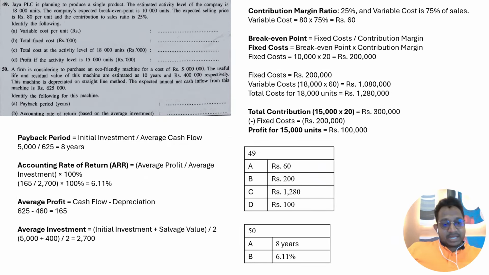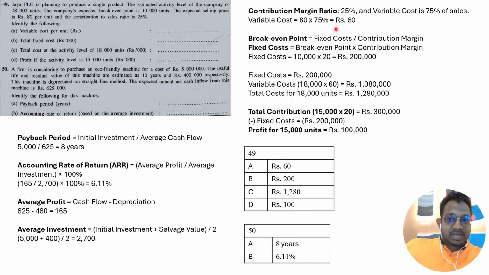49 and 50, the last slide of this video. Jaya PLC is planning to produce a single product. The estimated actual level of the company is 18,000 units. The company's expected break-even point is 10,000 units. The expected selling price is 80 per unit and the contribution to sales ratio is 15%.